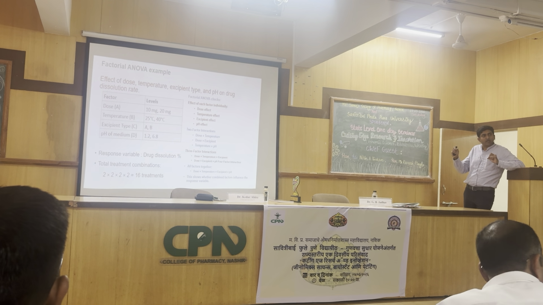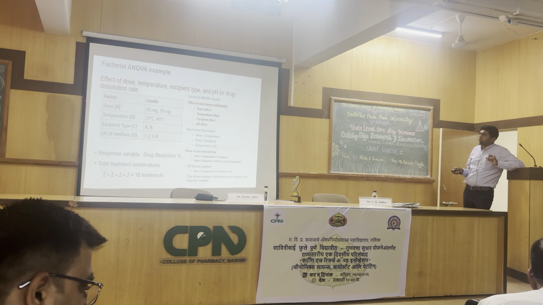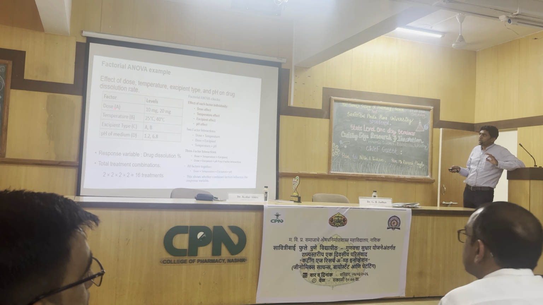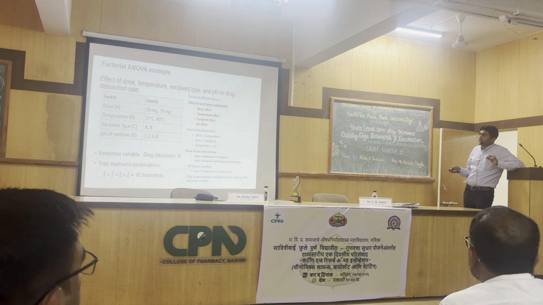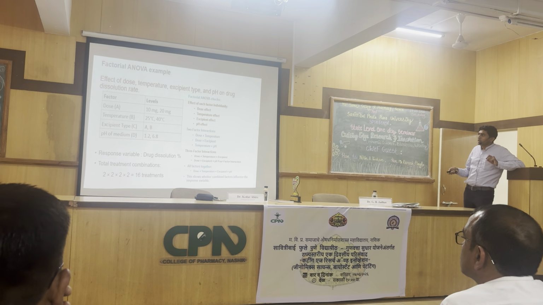Okay, so individually we can identify. In the traditional way, what we do is vary one factor at a time. We fix all these factors, like temperature is fixed, excipient is fixed, pH of the medium is fixed, only dose is varied, and then we check the effect on drug dissolution.